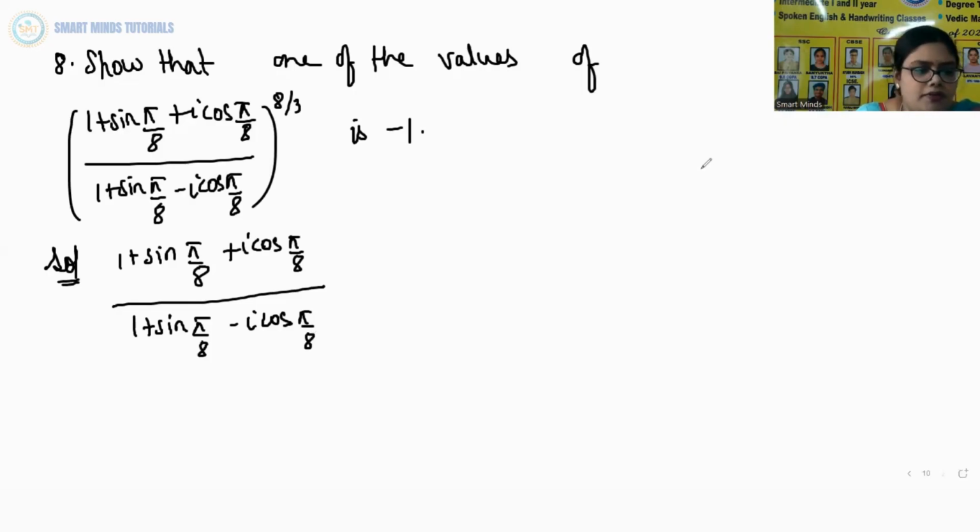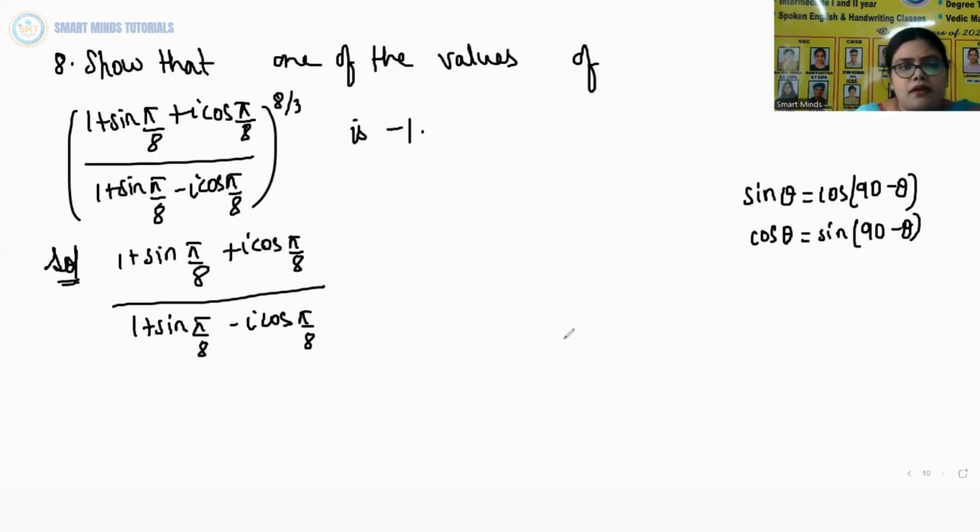Now from trigonometry, before using that concept, we take that sin θ can be written as cos(90° − θ), and cos θ can be written as sin(90° − θ). So instead of sin π/8, I will write cos(π/2 − π/8) plus i sin(π/2 − π/8).